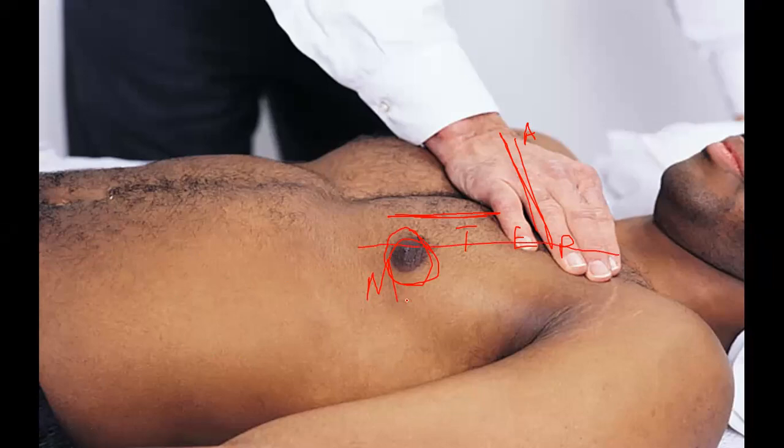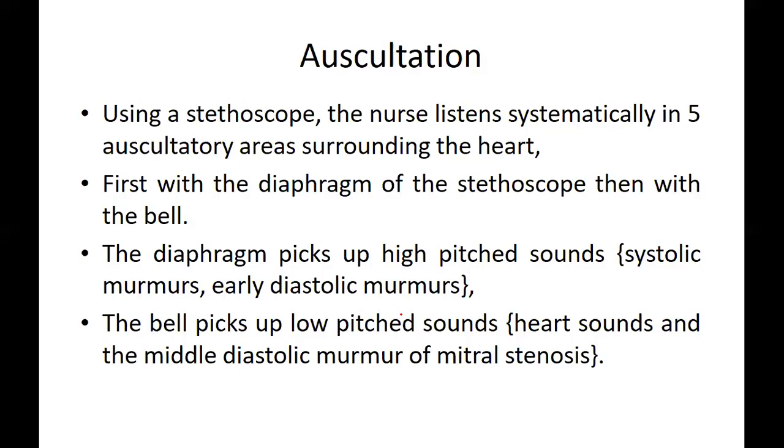If it is displaced laterally, then you know that the left ventricle has enlarged. That is how you palpate. Then for auscultation, you use your stethoscope and listen systematically in 5 auscultatory areas surrounding the heart.